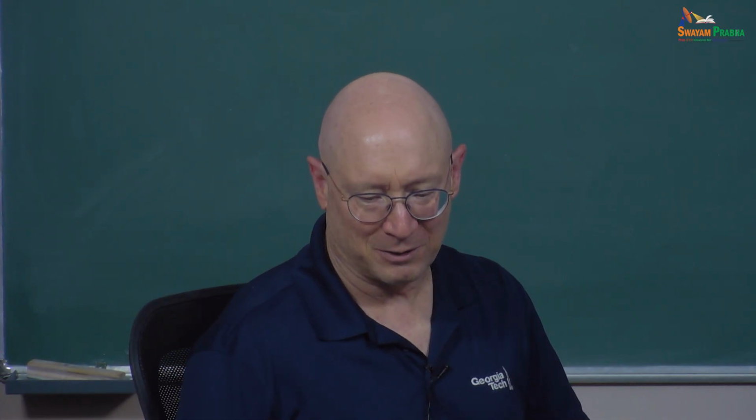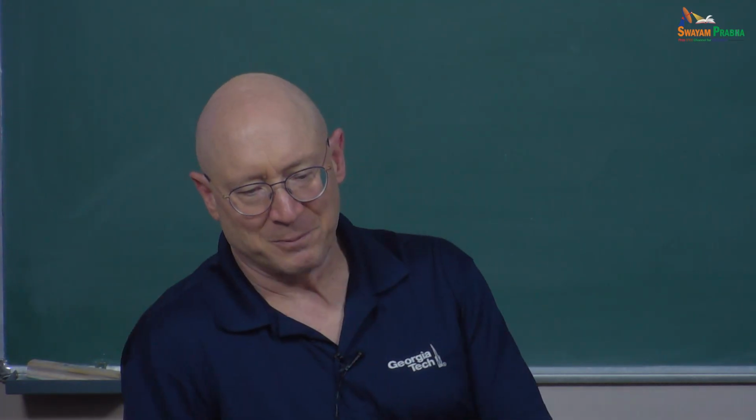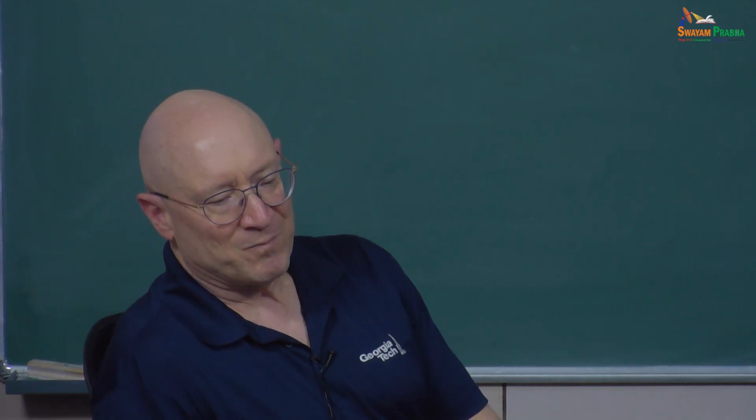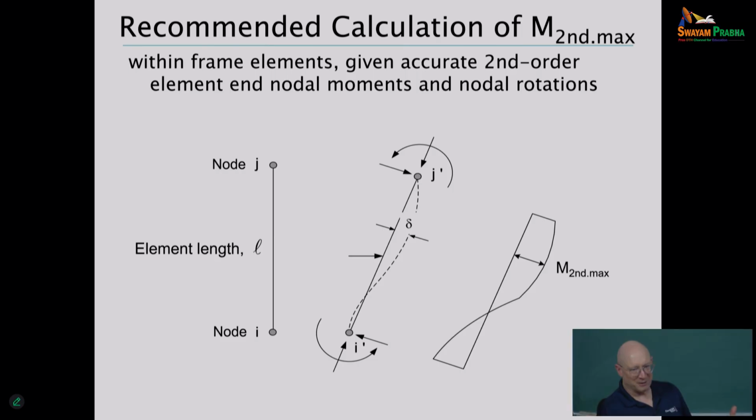Okay, so the topic here is basically trying to illustrate it by this graphic. Suppose you're doing a geometric nonlinear analysis, that's the finite element term, or second order analysis, the design engineering term. You've got a discretization of the structure, and this is some element.